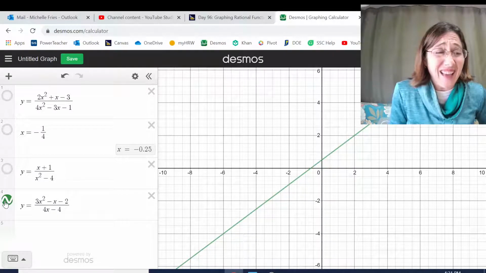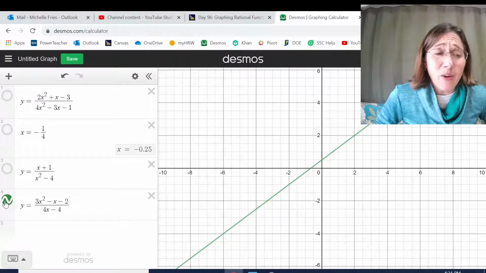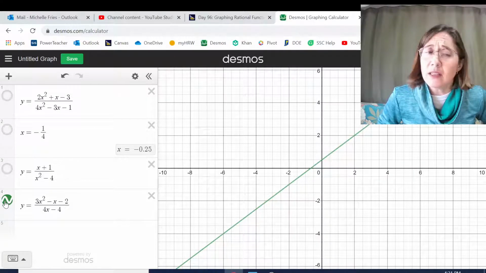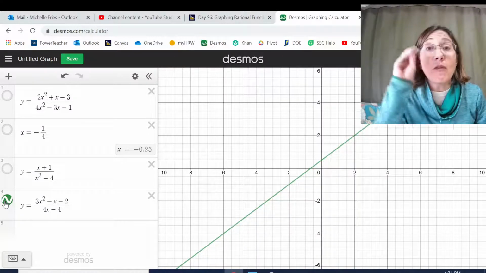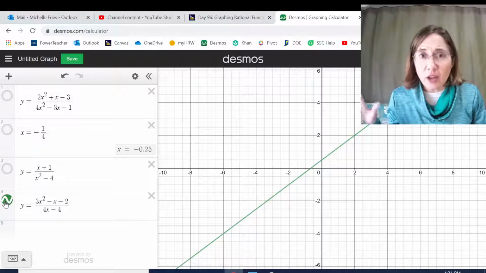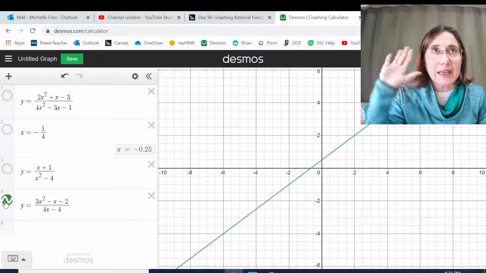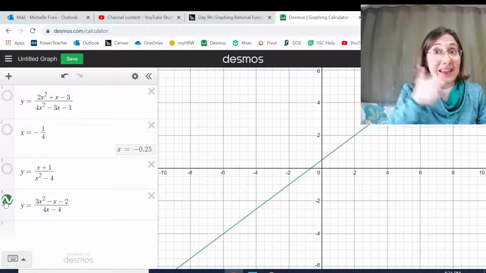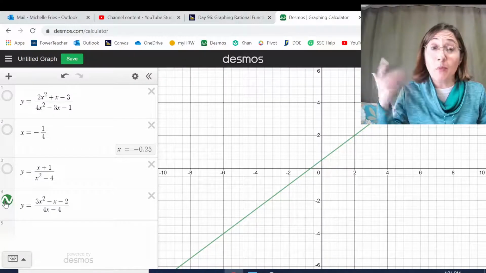It just looks like a line, and that equation that you're looking at does not exactly look like y equals mx plus b. So this is really kind of weird. When you factor it, I think you're going to get a clue about things when you see similarities in the numerator and the denominator and think about what you can do with those.